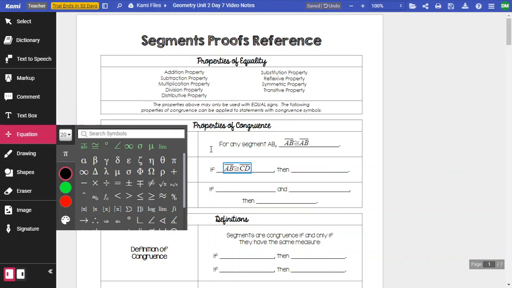So we've got 2 different segments congruent to each other, then segment CD is also congruent to segment AB.